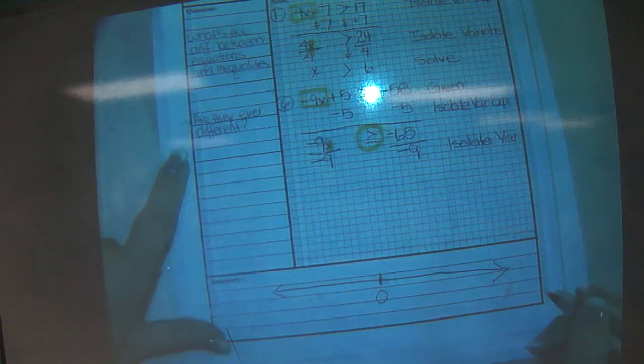Why? Well, if we look at a number line, there's 0. We're currently at negative 65. And if we multiply by a negative number, what happens to it?